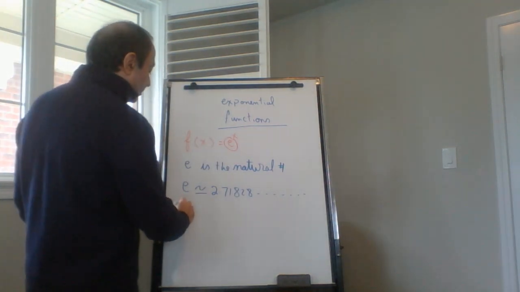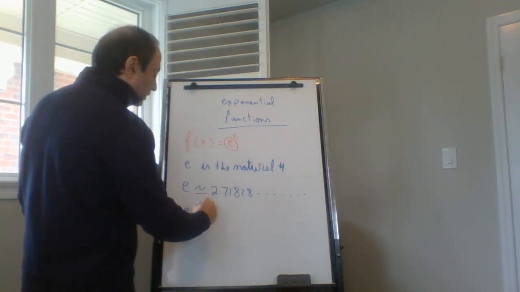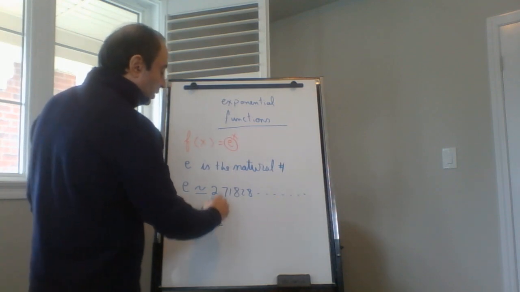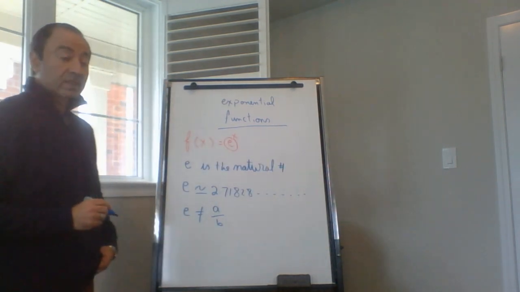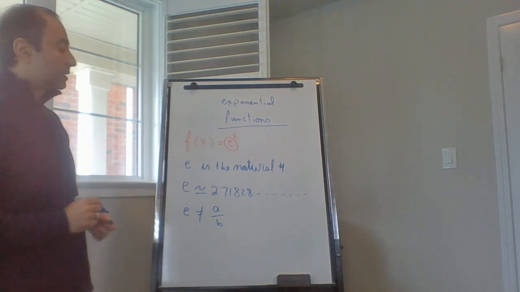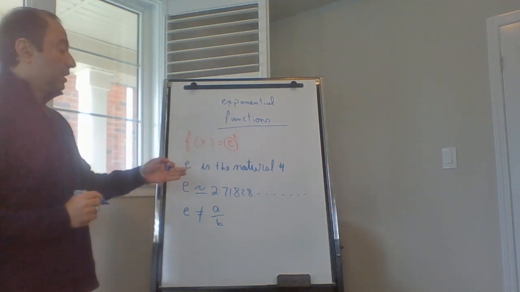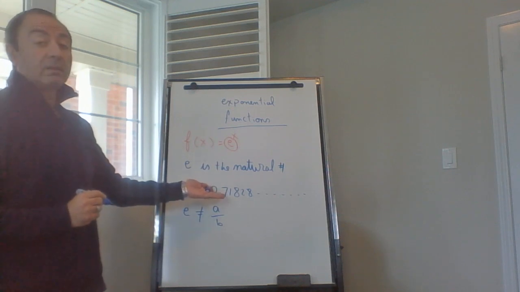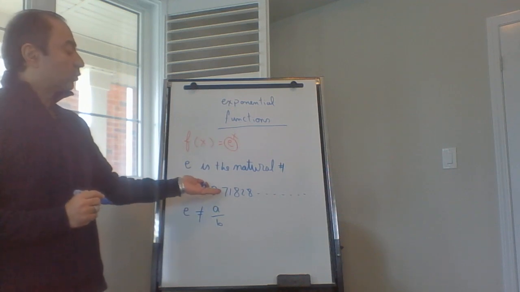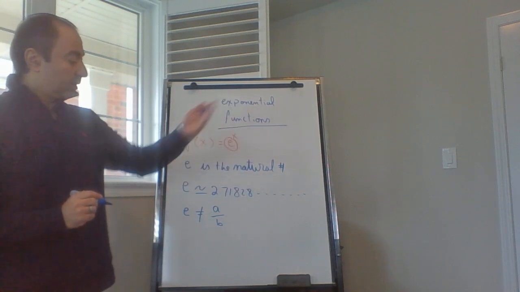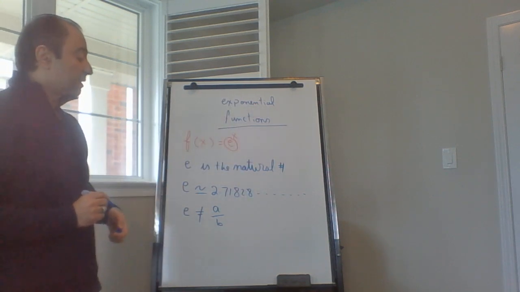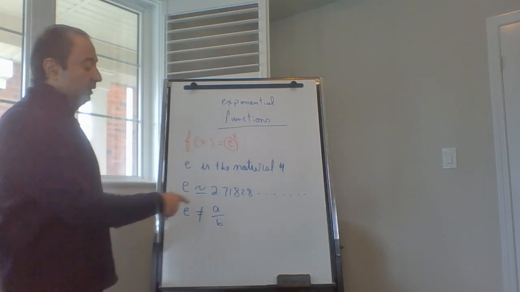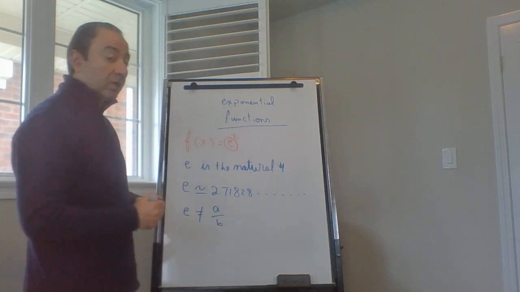E is an irrational number. E cannot be written in the form of a over b because the decimal is endless. This is e, the natural number. The value is approximately 2.71828, and it keeps going. And it is an irrational number. It cannot be written in the form of a over b.